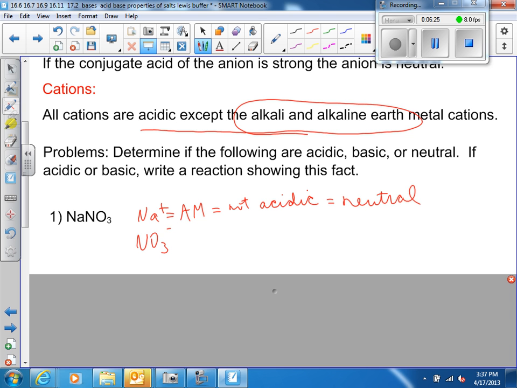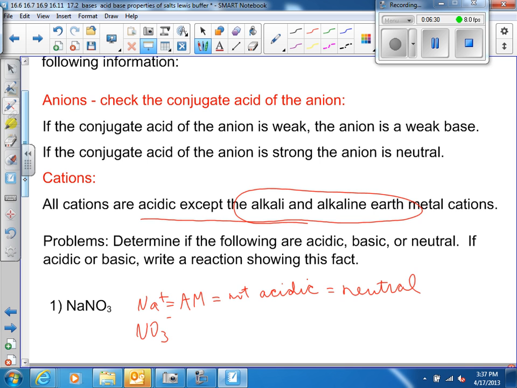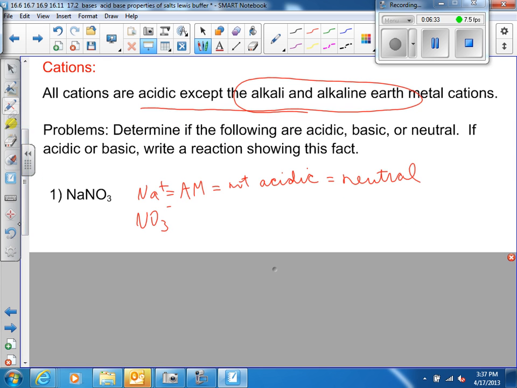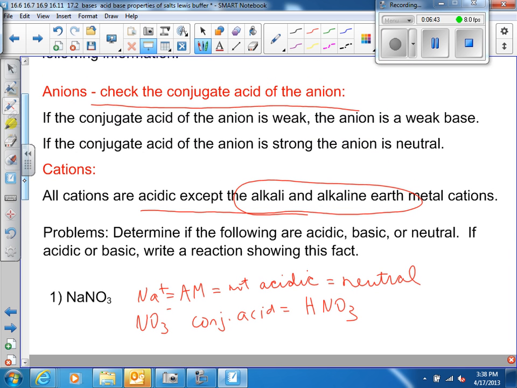Nitrate, NO3 minus. What do we do with anions? We have to check the conjugate acid. The conjugate acid is HNO3. Is this weak or strong? This is HNO3, a strong acid.